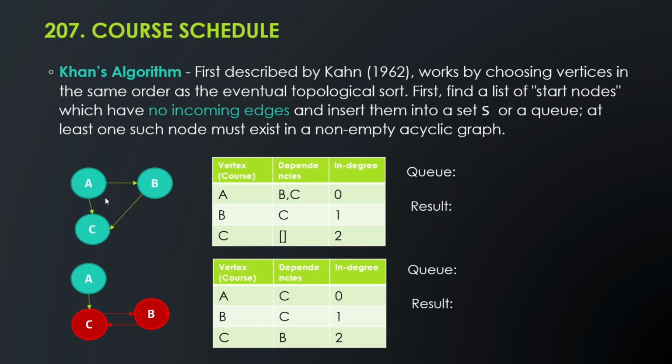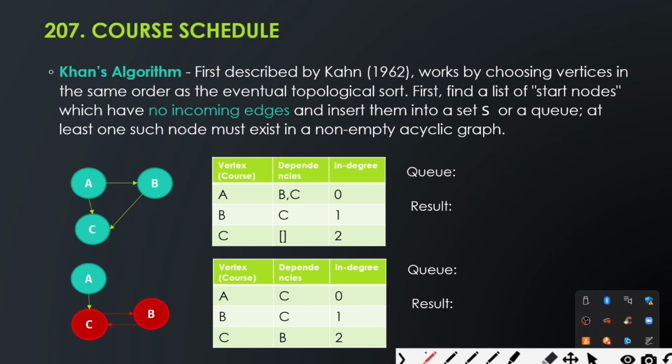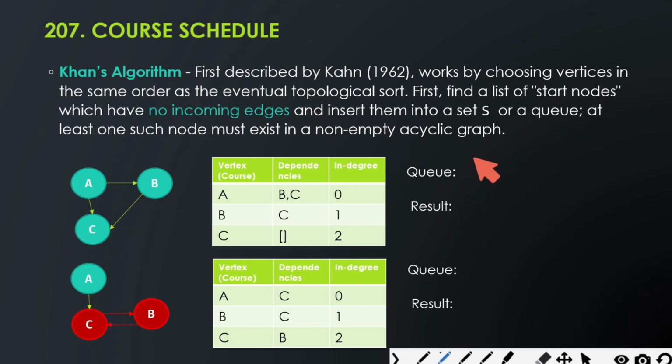If we're looking at this particular graph, we'll see that there are no incoming edges to node A. For B, course B, there's one incoming edge from A, and course C, there are two incoming edges from A and from B. And so we need to find a list of start nodes. Initially, we're going to have A in the queue as a start node.